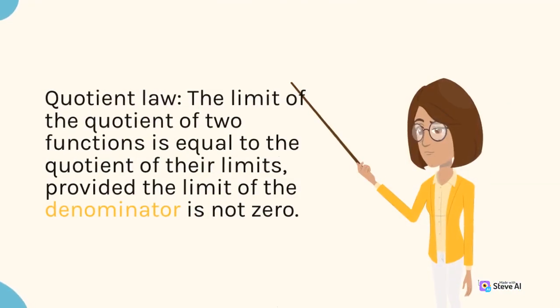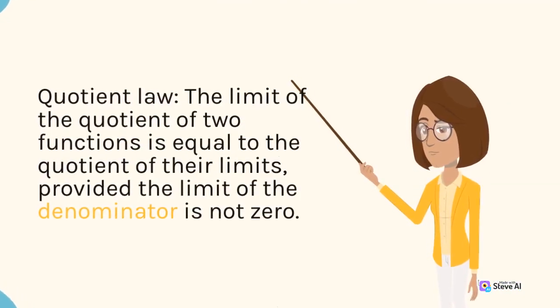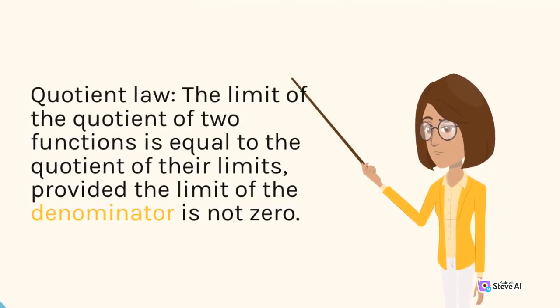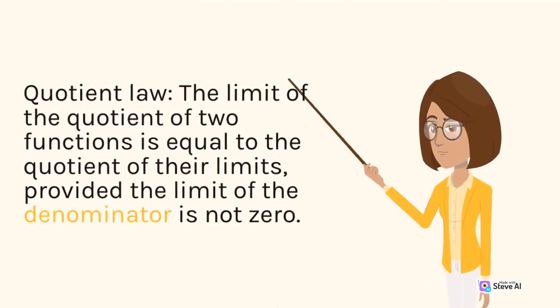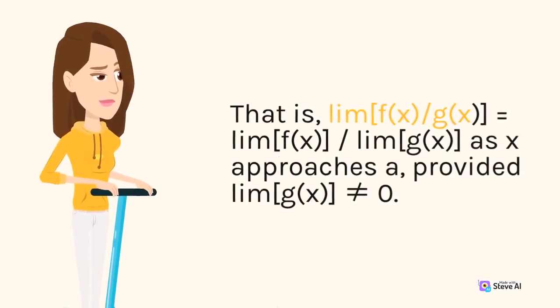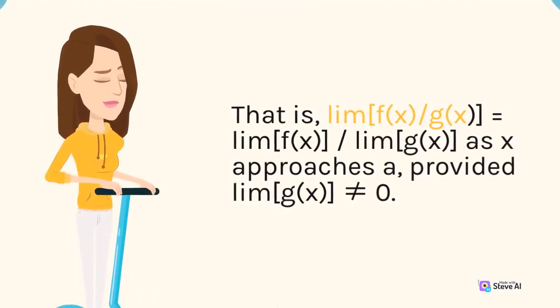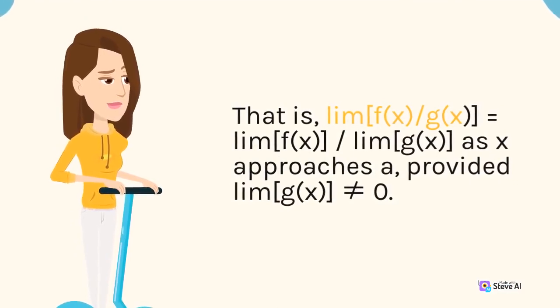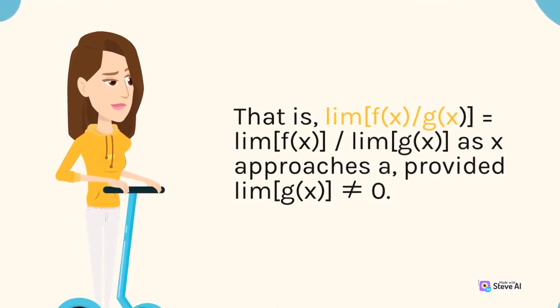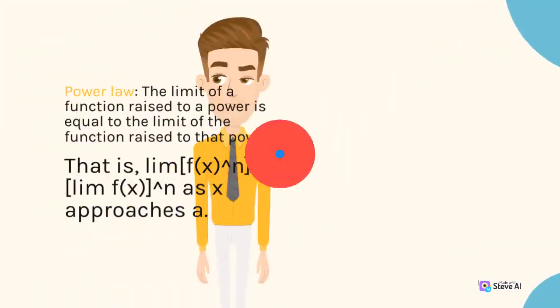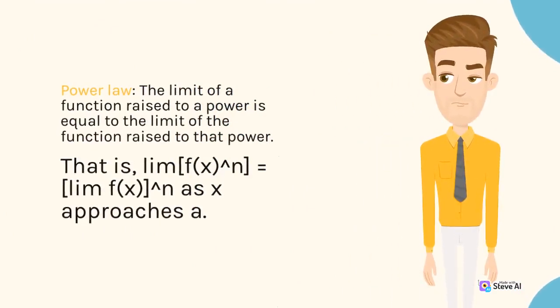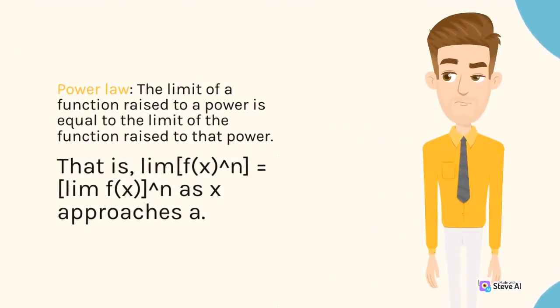Quotient law. The limit of the quotient of two functions is equal to the quotient of their limits, provided the limit of the denominator is not 0. That is, lim f(x)/g(x) = lim f(x) / lim g(x) as x approaches a, provided lim g(x) does not equal 0. Power law. The limit of a function raised to a power is equal to the limit of the function raised to that power.